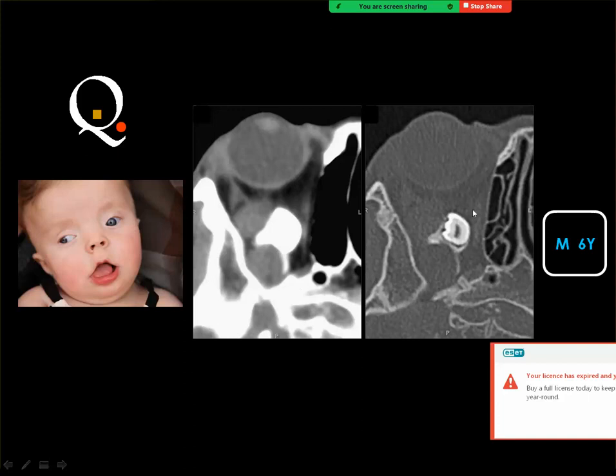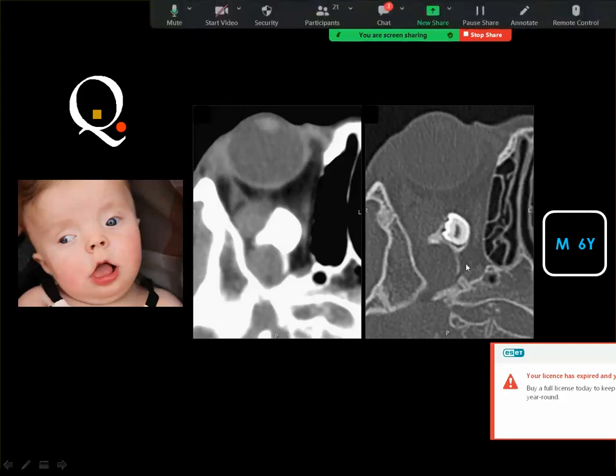If you look carefully, you see that the orbit is enlarged, and inside the orbit, there are soft tissue densities and a calcific shadow. In the bone window, the calcific shadow is just a tooth. And a tooth with a soft tissue component, then you know that you are dealing with a dermoid cyst.